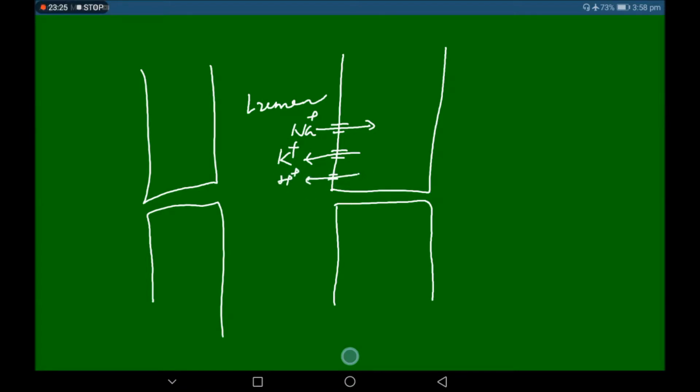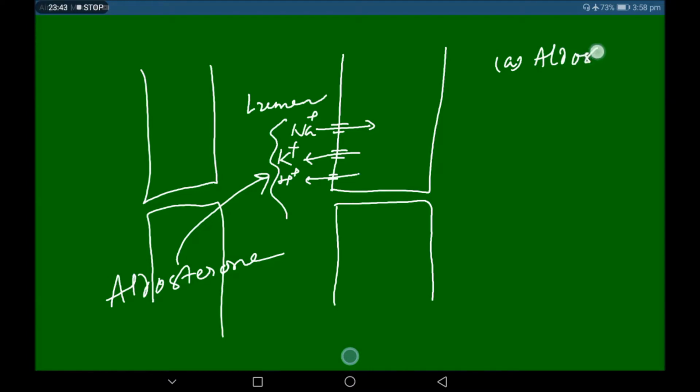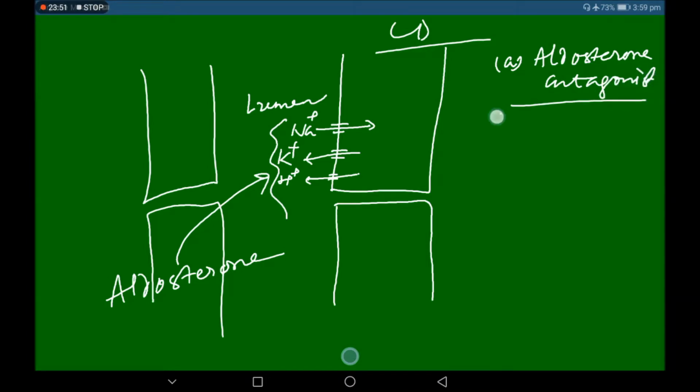This is done by a hormone called aldosterone, so we can use aldosterone antagonists, like spironolactone, which inhibits the reabsorption of sodium and also inhibits the excretion of potassium and hydrogen.